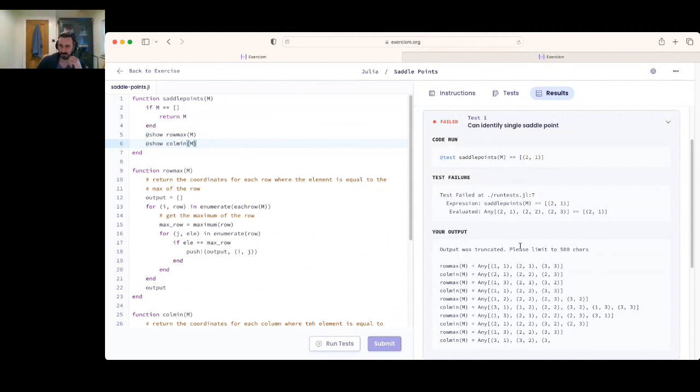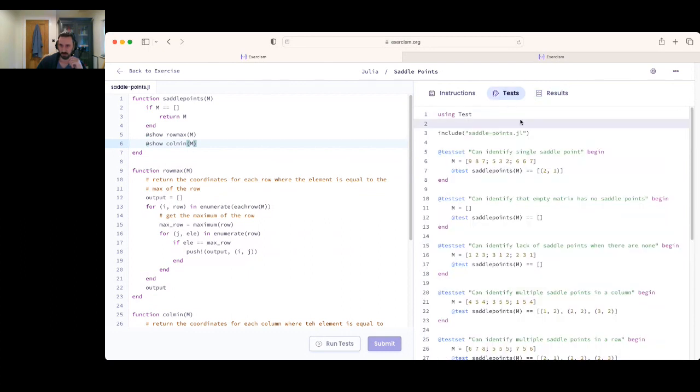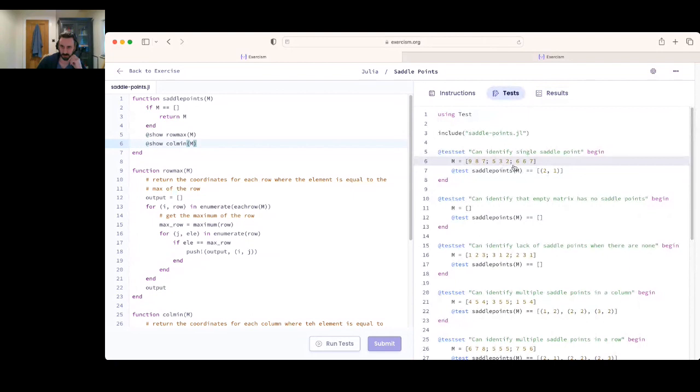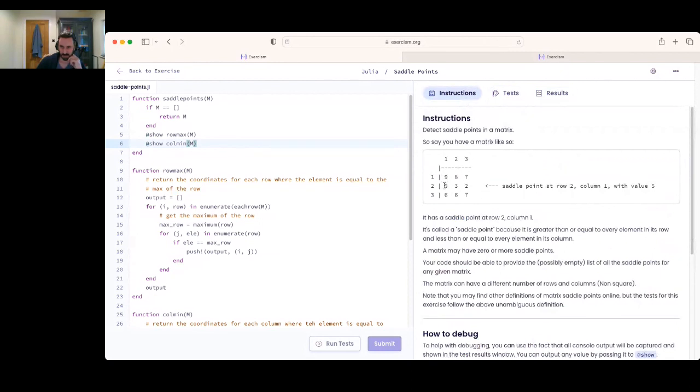So in this first test, it'd be good to know what the actual matrix is that's been given. It can identify a single saddle point. So the matrix is 987, 532, 667. So that's the same as this one, is it? 987, 532, yeah, okay. So we're expecting this one to be the saddle point.